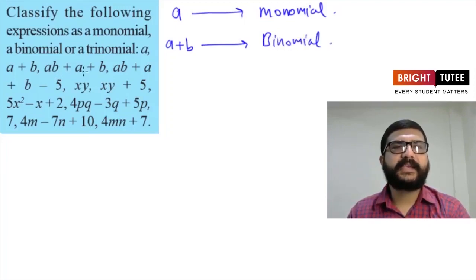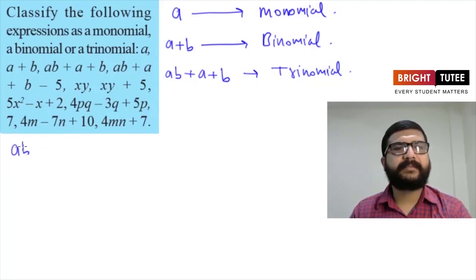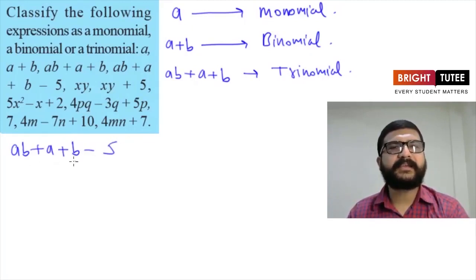And the next one is AB plus A plus B. So there are three terms and all the three terms are unlike terms, so this is a trinomial. And then we'll have AB plus A plus B minus 5. So how many terms are here?